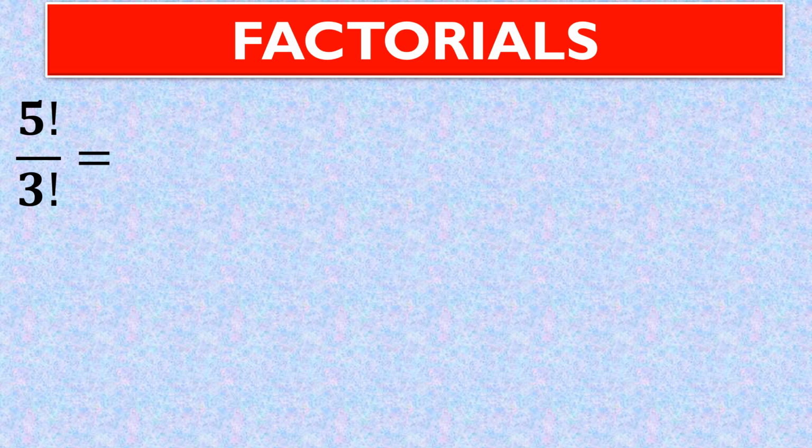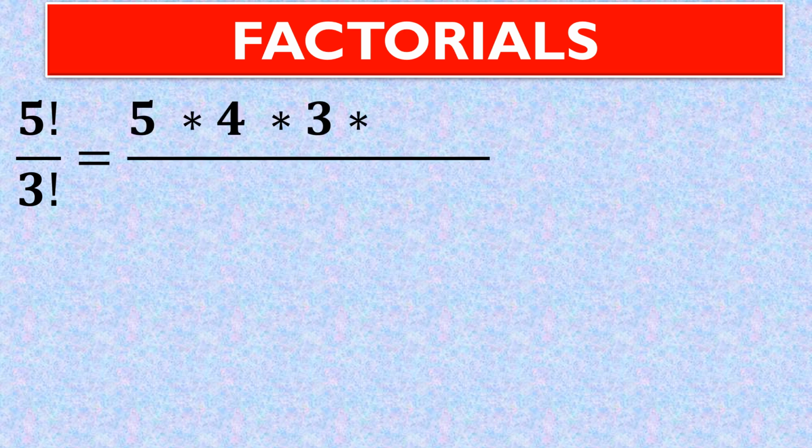Now, we will be carrying out this exercise 5 factorial over 3 factorial. 5 factorial divided by 3 factorial. So what is 5 factorial? On the top, which is the numerator, we have 5 times 4 times 3 times 2 times 1, like we know.